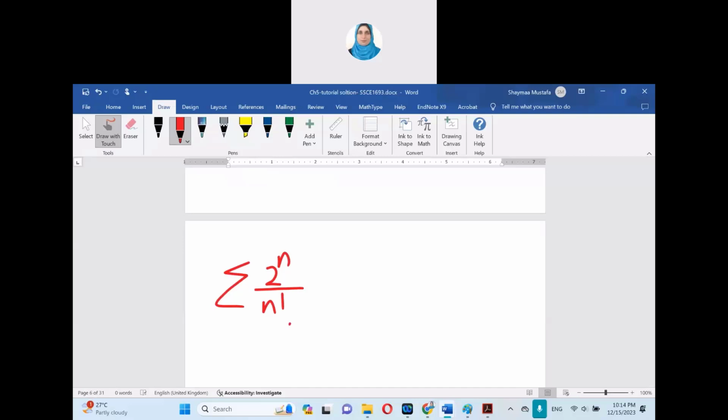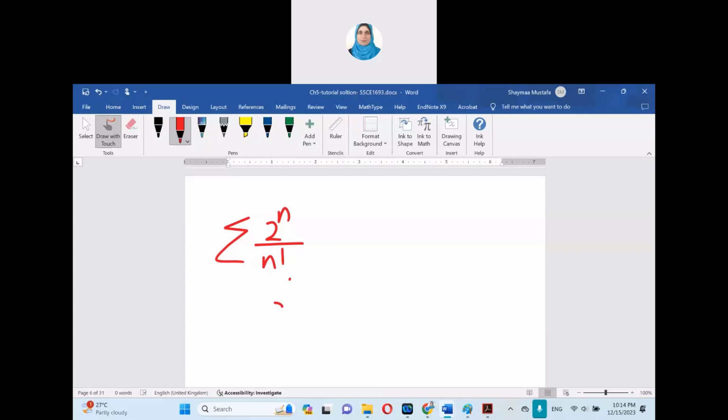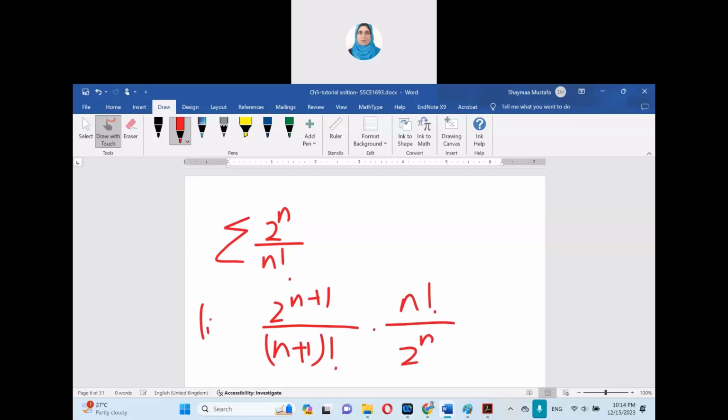Factorial and power, go directly for the ratio test, because the ratio test will cancel the factorial for you. When you evaluate 2 to the n plus 1 over n plus 1 factorial multiplied by n factorial over 2 to the power n, the limit when n goes to infinity, absolutely.